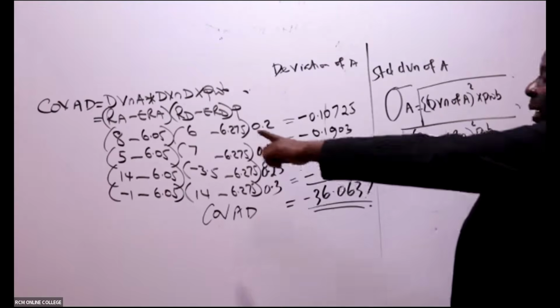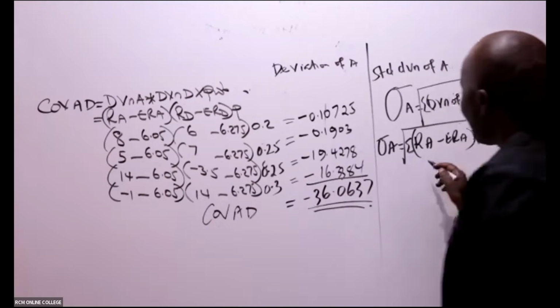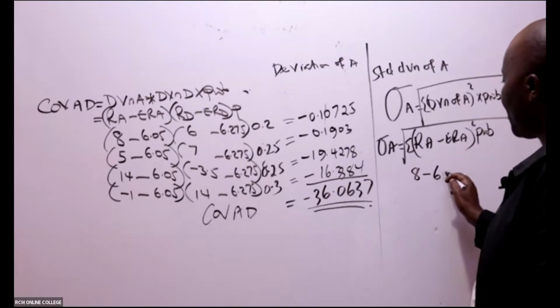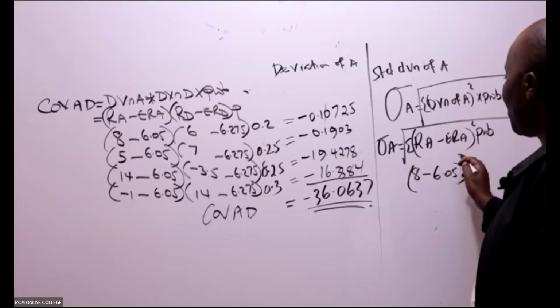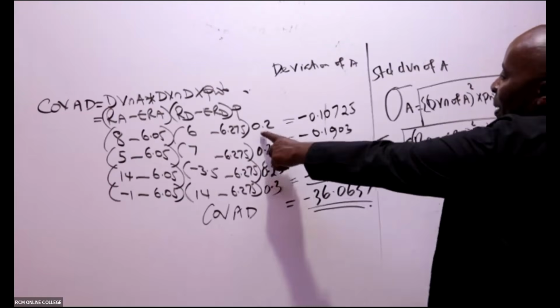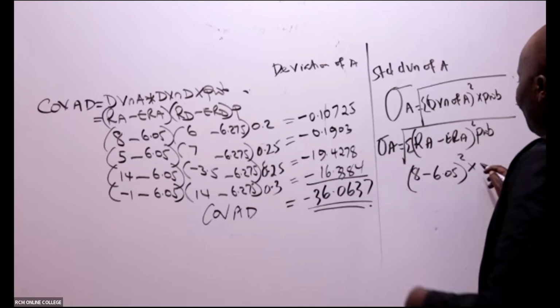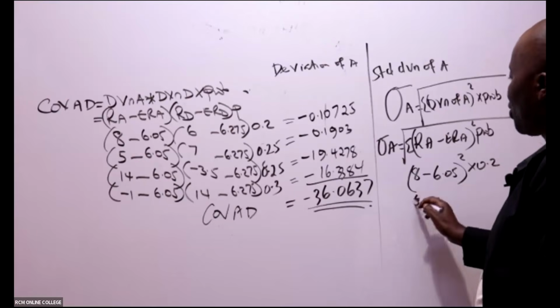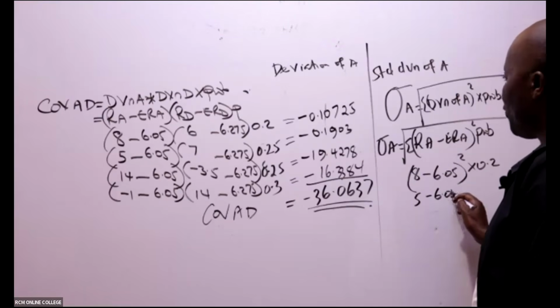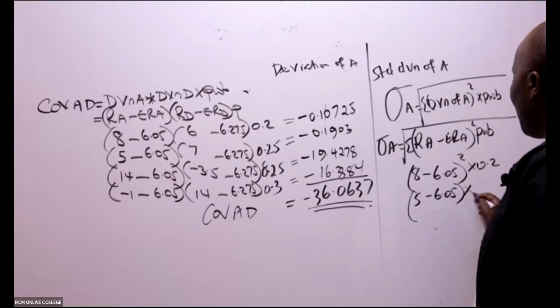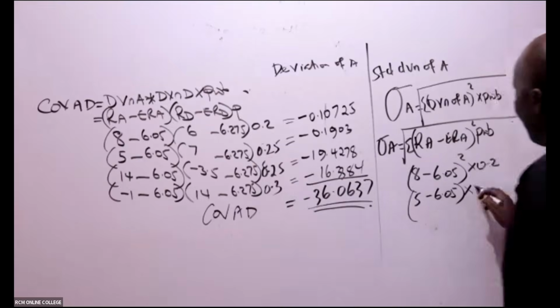So basically, this is A. You say 8 minus 6.05, you square, times this probability. You don't bring D here now. Then 5 minus 6.05 multiplied by the probability, 0.25.